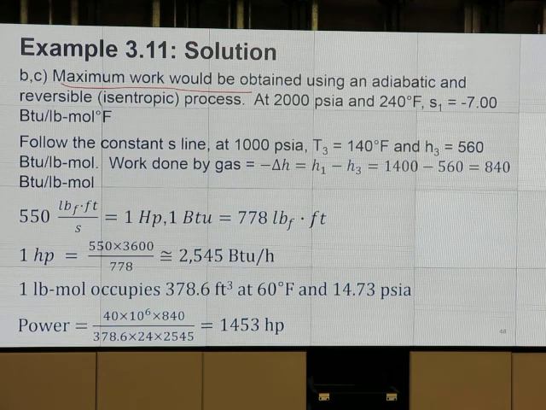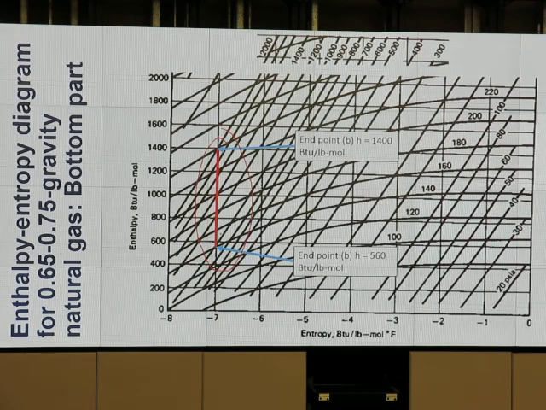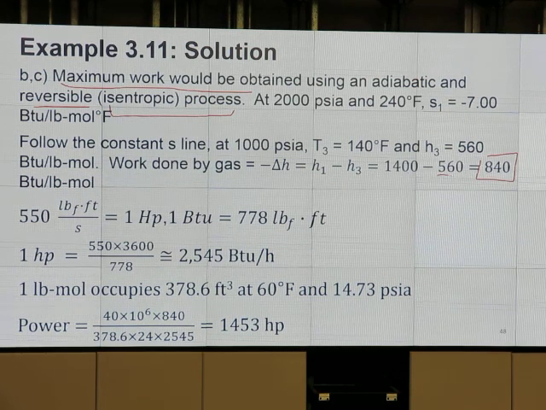Using an adiabatic and reversible process, an isentropic process, what could the maximum work be? So I get delta H, right? After I get delta H, this is 840. Delta H is the difference, 1400 minus 560. The unit is BTU per pound mole. I had to do some conversion.